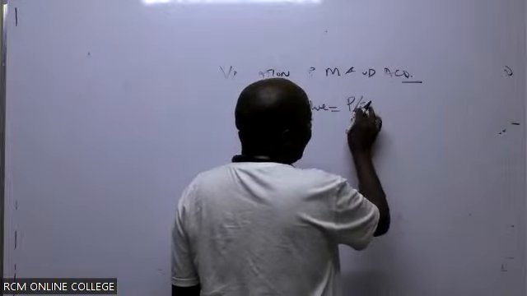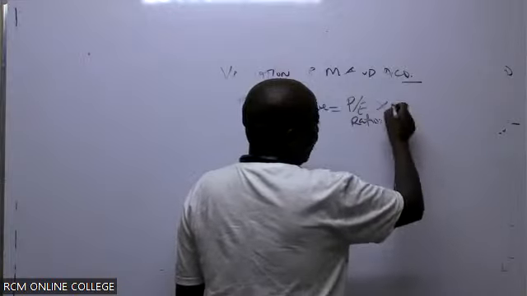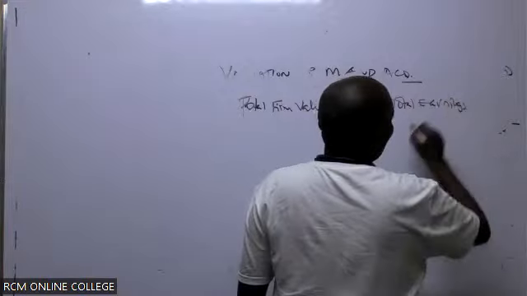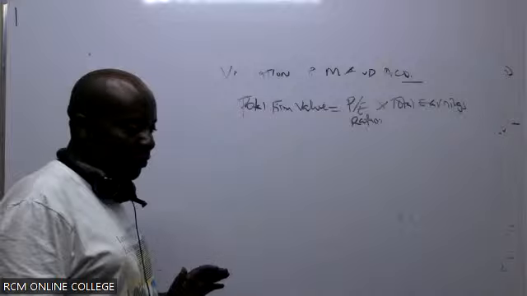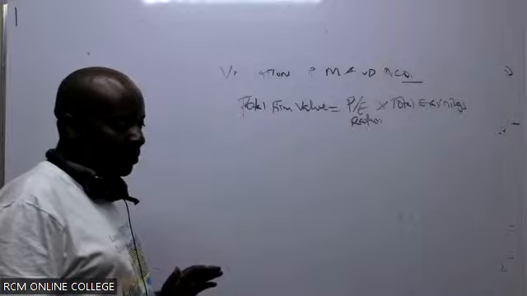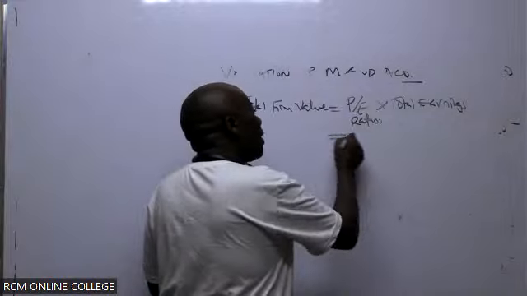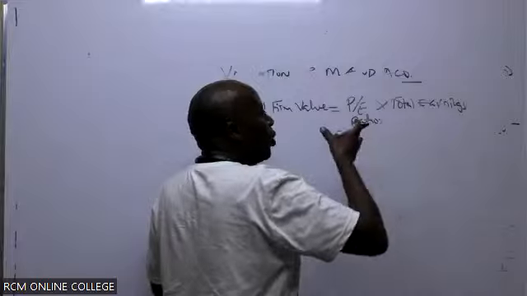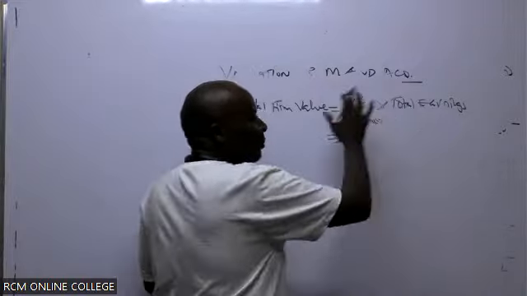The PE ratio given must be multiplied with, because here we have price over earnings, for it to be compatible, total earnings. It must be multiplied with total earnings. So the PE ratio will be given, and the total earnings of the firm that we will be valuing will also be provided to you.